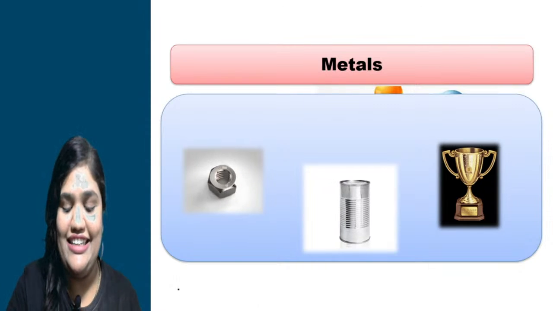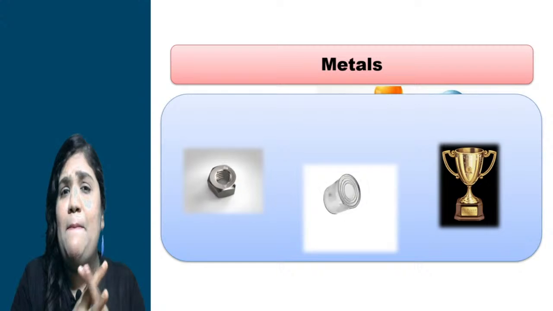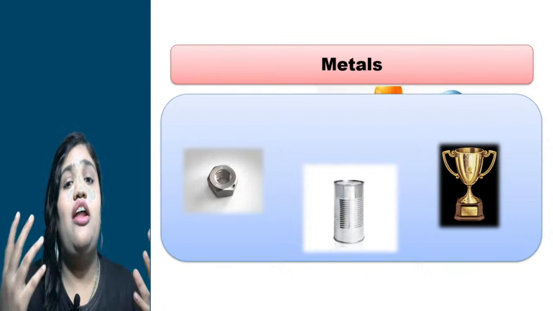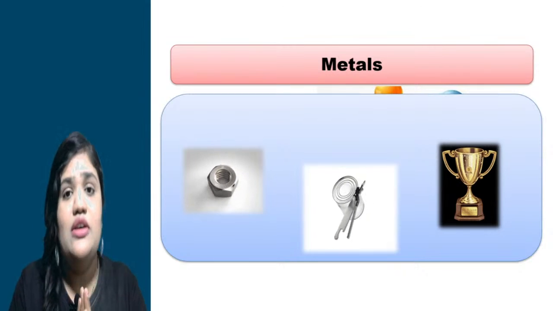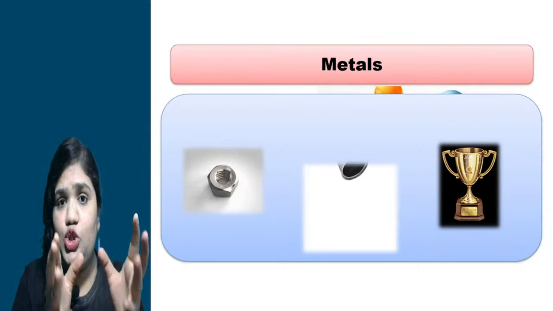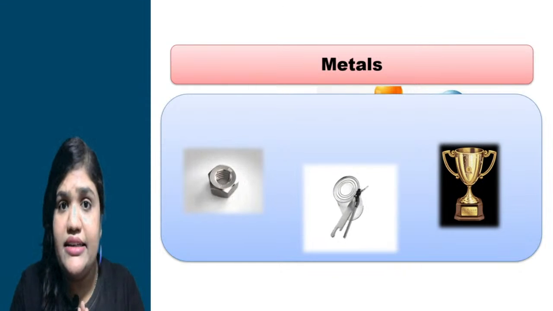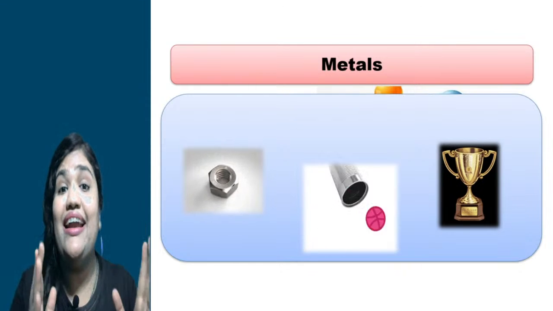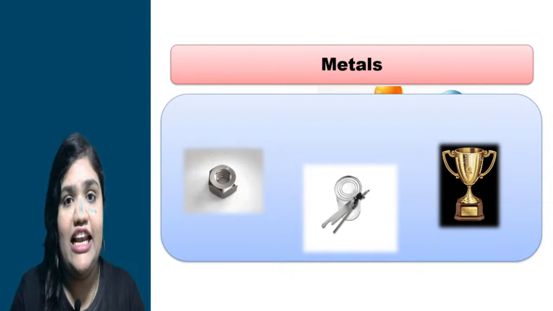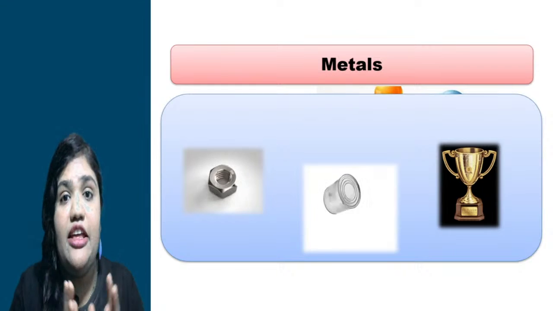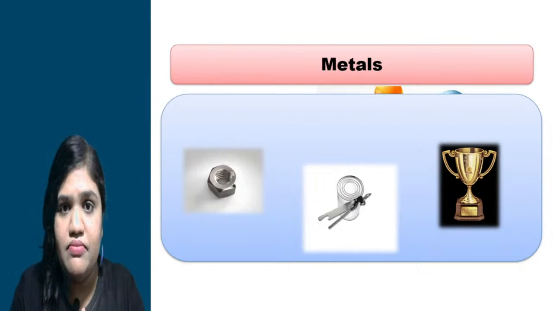That is metals. On your screen you can see some objects which are obviously made up of metals. So what are metals? Before starting the actual point, students, you know that our periodic table contains 118 elements in total, and out of those 118 elements, 90 elements have metallic character.